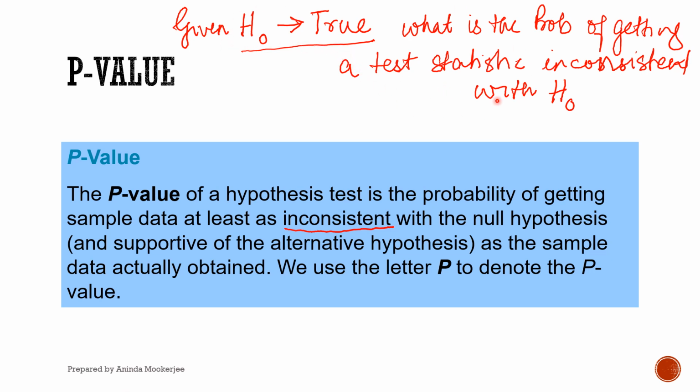If the probability of getting that test statistic is very low when the null hypothesis is assumed to be true, then we will reject the null hypothesis. Otherwise, if it's not that low, we believe it is consistent with the null hypothesis, and we do not reject it.